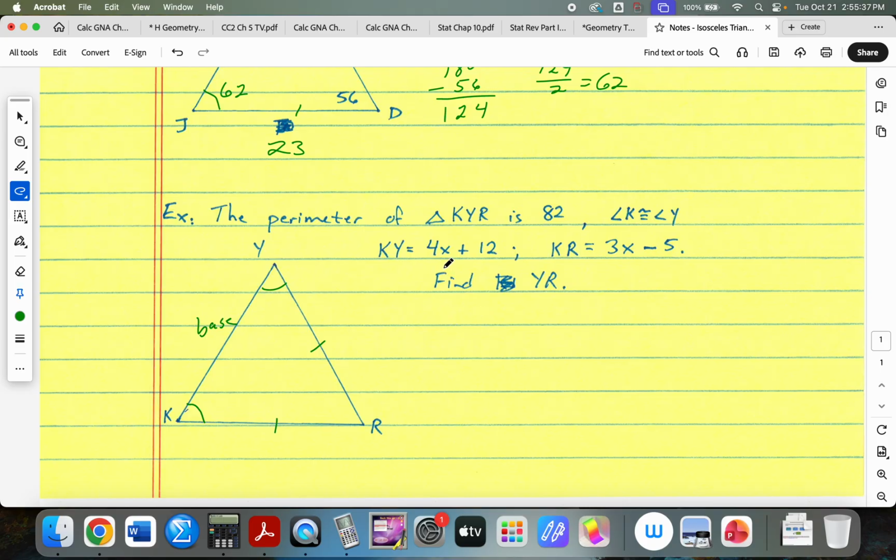Now it tells me that the length of KY is 4x plus 12. And the length of KR is 3x minus 5. So the length of YR is also 3x minus 5. So then adding those together, 4x plus 12 plus 3x minus 5 plus 3x minus 5 is equal to the perimeter, 82.